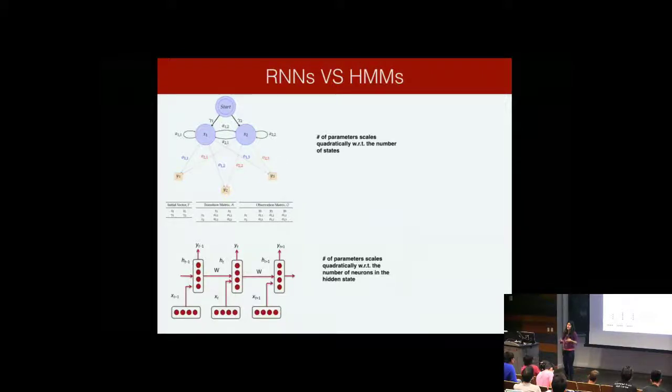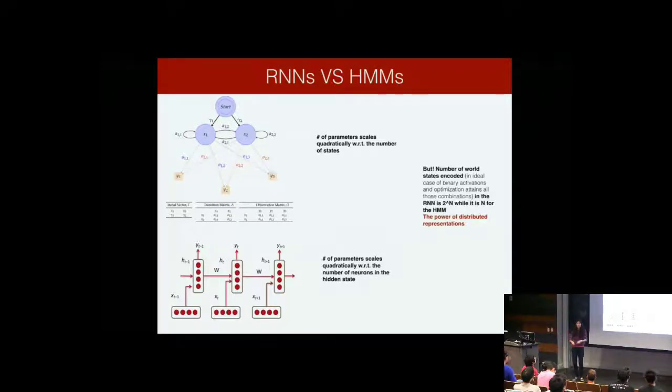Each unit can take 2 values, on or off, based on the output of the activation function. How many states of the world can you encode? Right, 2 to the 4, okay? Unbelievable, right? Isn't this beautiful? So it's exponential. The number of states you can encode is exponential in the number of your hidden units. This is the magic, okay, of distributed representations.